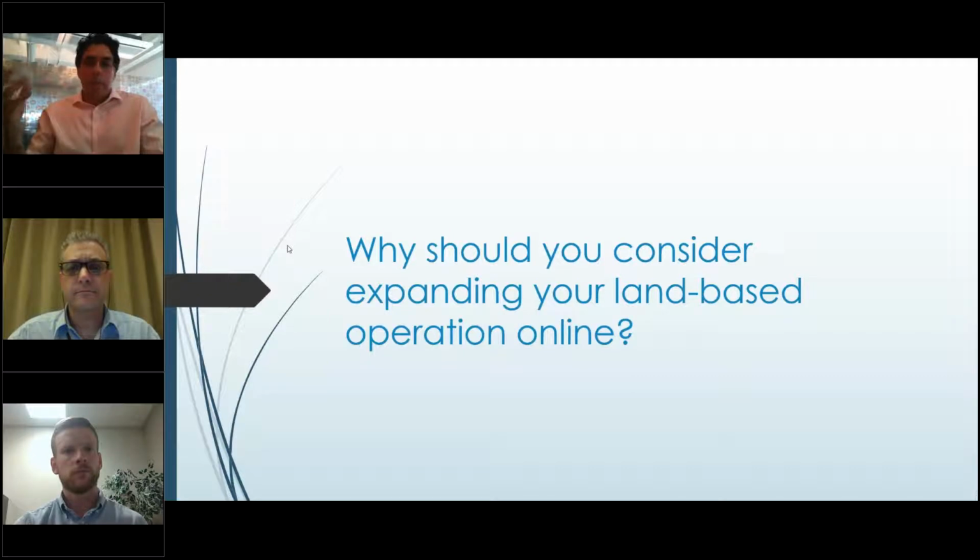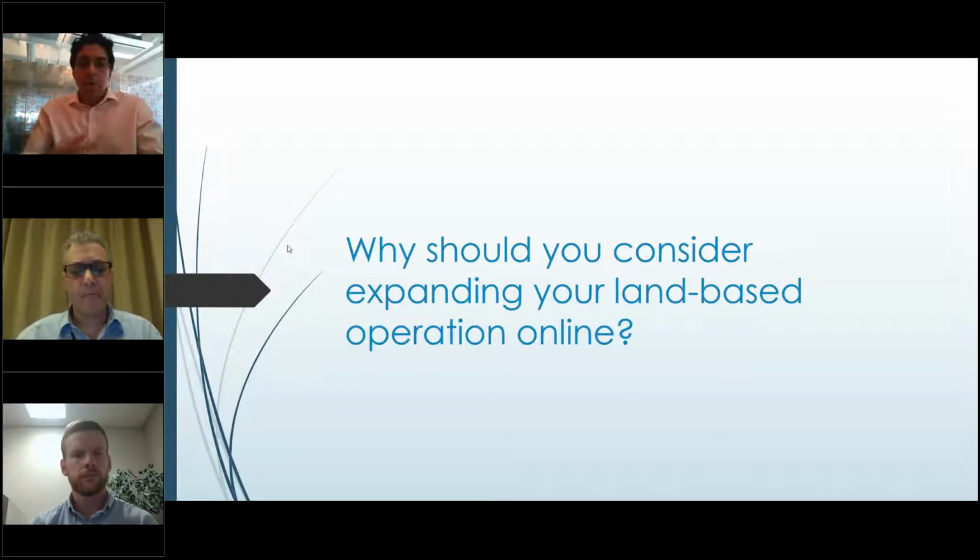The right partner could be someone that will do most of the work for you, or someone that can just give you the platform and you do most of the work, depending on what you want to be comfortable with and how much control you want to have over things and what kind of resources you want to put into this.